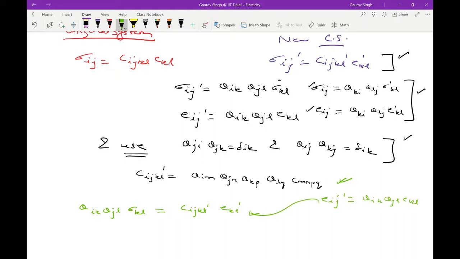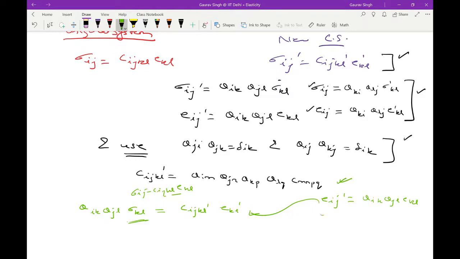Try to write it over here, and then write this using sigma ij equal to Cijkl Ekl. I am guessing that at some stage you should have this situation where you can say that for any arbitrary strain you should get this. So how would you do that?